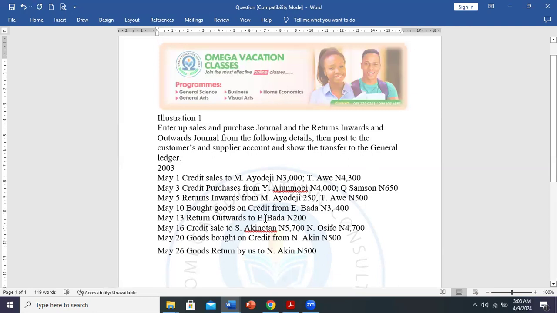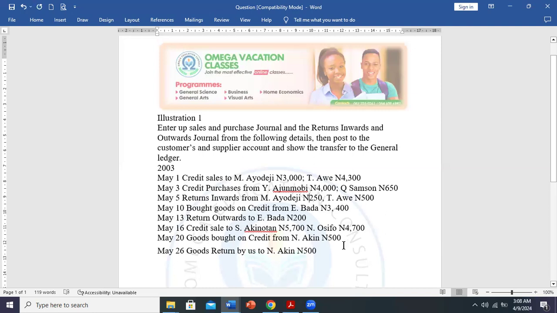May 5th, return inwards from M. Ayodeji, 250, and T Away, 500 naira. May 10th, bought goods on credit from Ibada, 3,400 naira. May 13th, return outwards to Ibada, 200 naira.